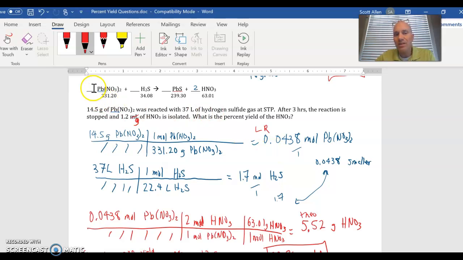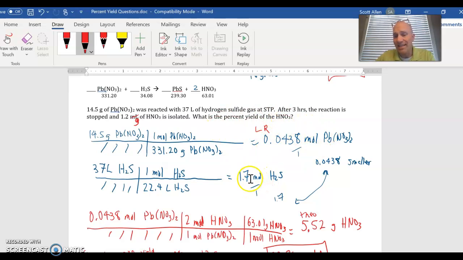Notice that in this problem, it's a 1-to-1 mole ratio between these two things. So that makes it really easy because when you divide any amount by 1, it becomes itself. So in this case, you can look at these two numbers directly and just say which one is smaller. But if you divide each one by 1, you'll see that it's the same number. So what that proves is this is the limiting reagent.